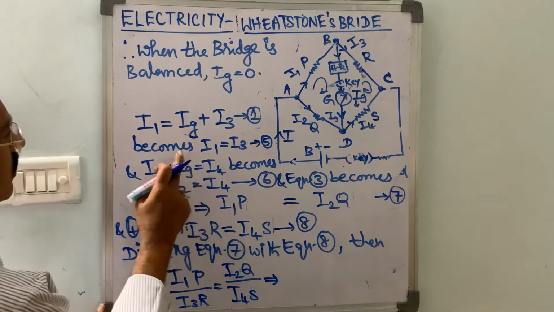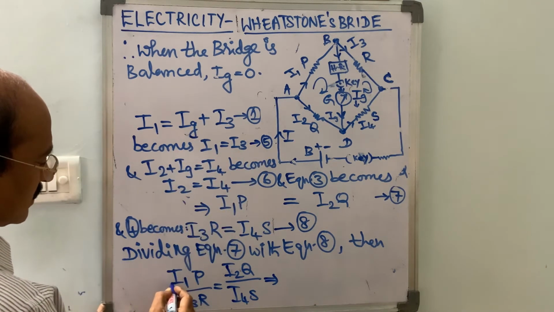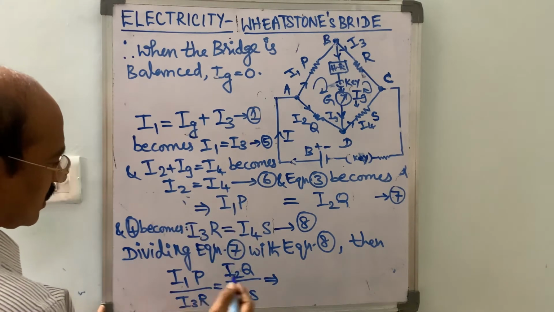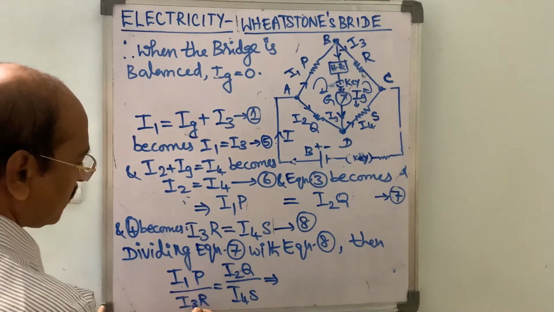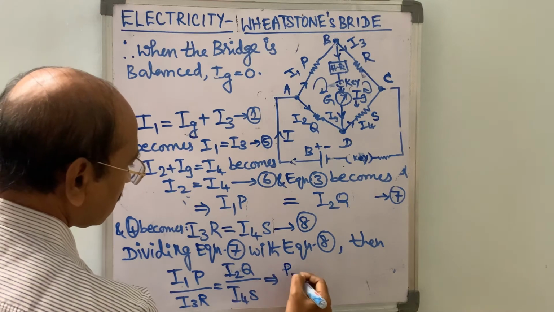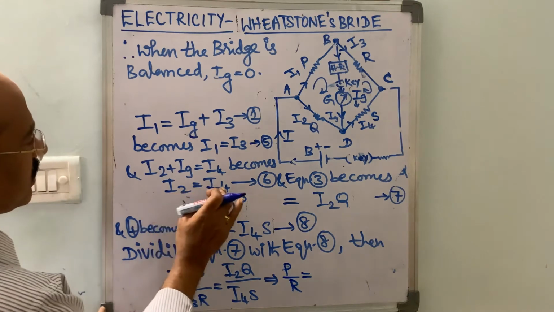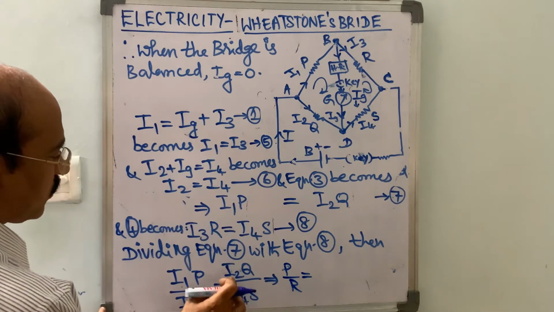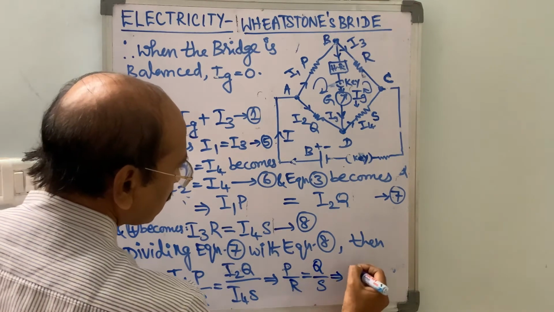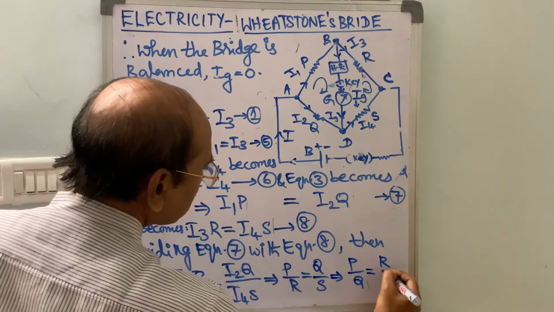Since from equation 5, I1 is equal to I3, and from the sixth, I2 is equal to I4, I1 and I3 get cancelled, and I2 and I4 get cancelled. Then P by R is equal to Q by S. This may be written in another order: P by Q is equal to R by S.